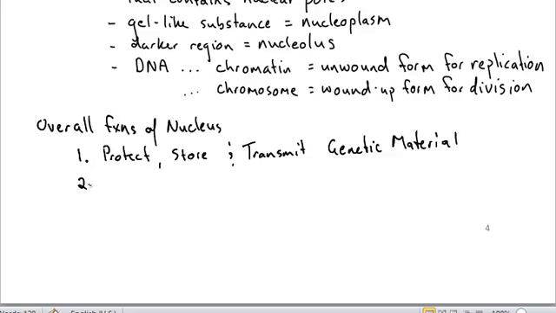And two, to direct gene expression. That means to determine what genes are turned on and being turned into proteins versus which ones are turned off.